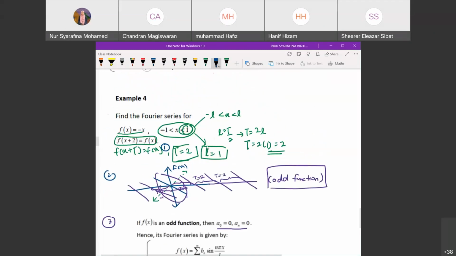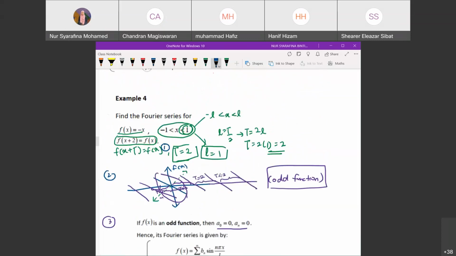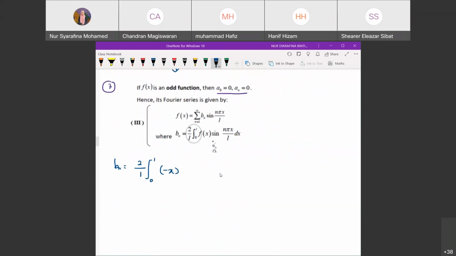Refer to this example. Okay, integrate from 0 to L. L is 1. f(x) is negative x, right? f(x) is negative x. Sine n pi x over L, n pi x over 1.